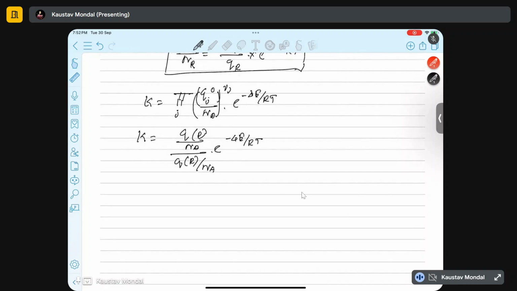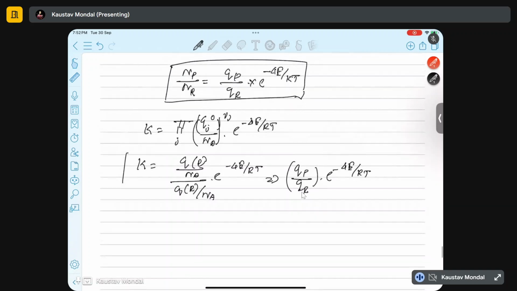Now from here, it takes the form Qp by Qr into e to the power minus delta E by RT, right? This is the expression of K. So this is the same expression here also, right?